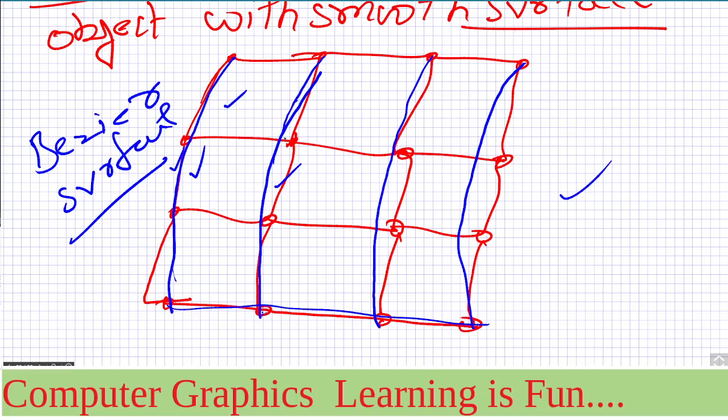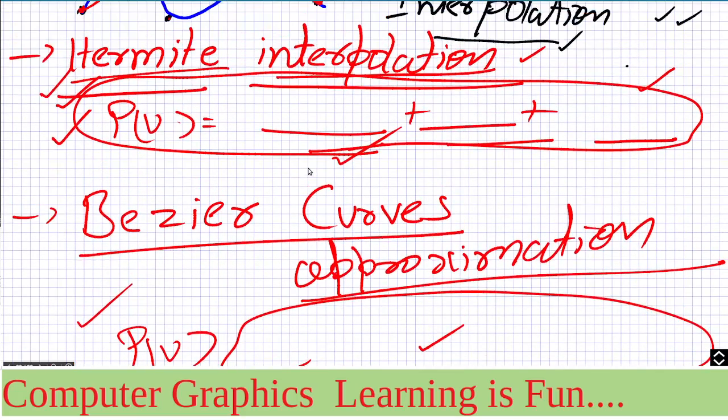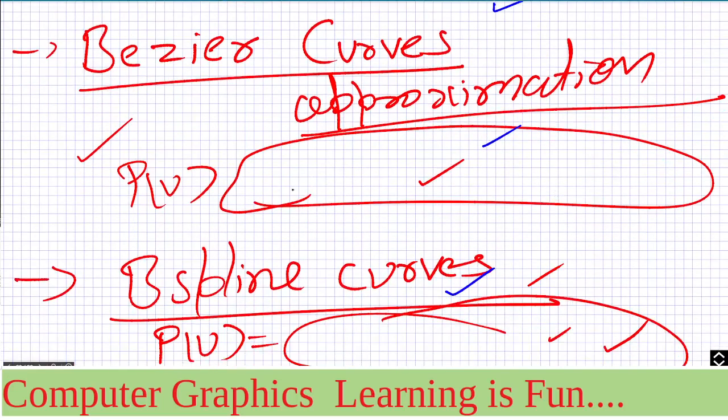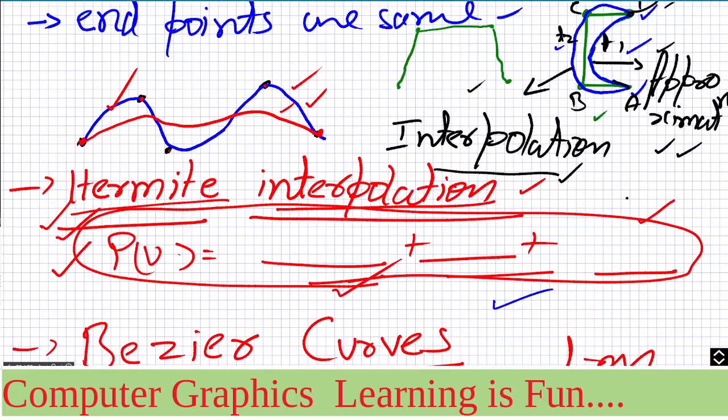So that is the thing. Here we have talked about Hermite or Bezier, interpolation or approximation, and we also considered that B-spline curves are a little better than Bezier. Why? In interpolation, the curve goes through all the points. In Bezier, it does not consider that and comes from here in between. But if it is B-spline, it is more realistic.